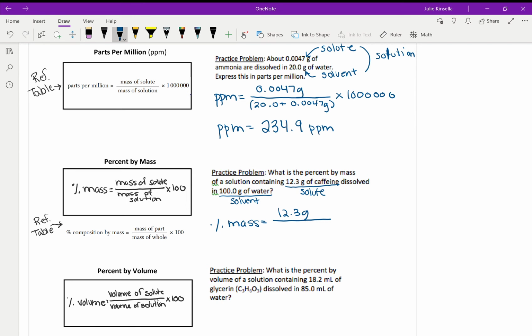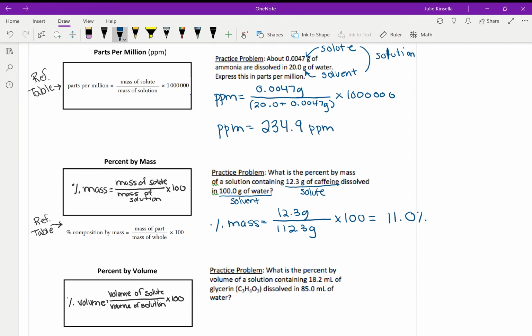I'm just going to add them together: the 12.3 grams of solute plus the 100 grams of water to get 112.3 grams. Remember that this is only times 100. When you plug that in, you'll get, for this solution, 11.0%.